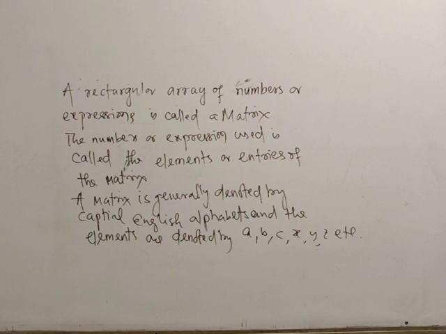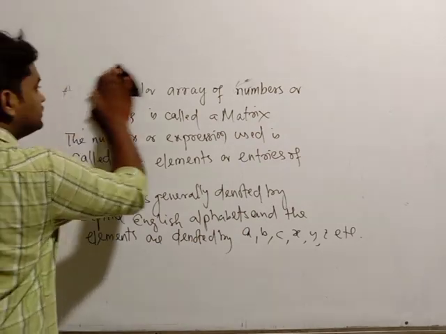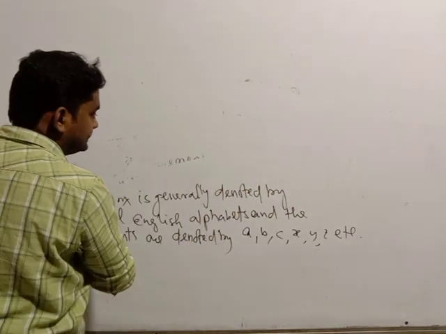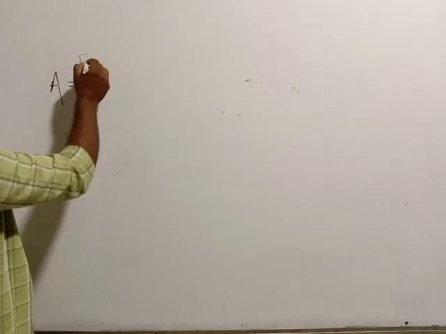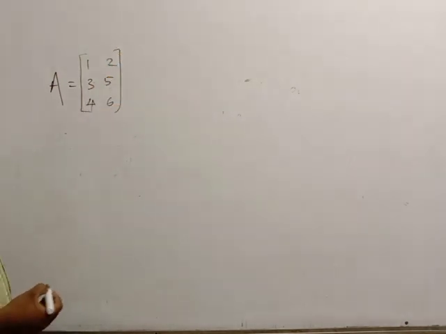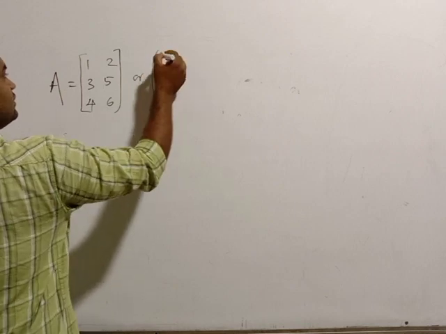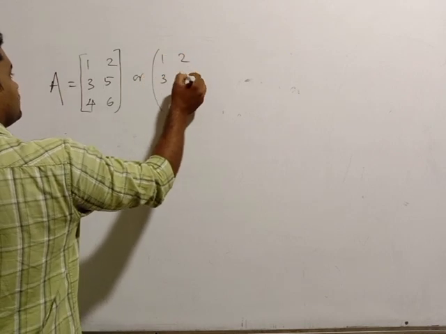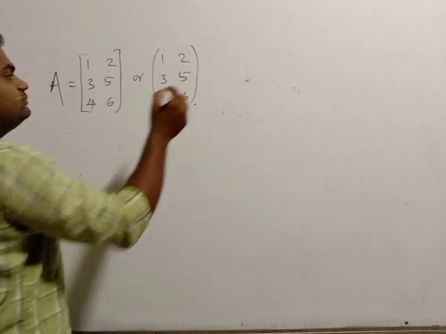Okay, so next, the components of a matrix. Here we know what a matrix is. Let A be a matrix or rectangular array, simply having elements 1, 2, 3, 5, 4, 6. We can also write it with the symbol, no problem.